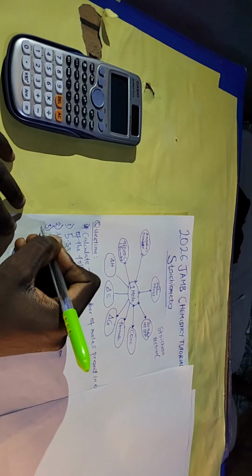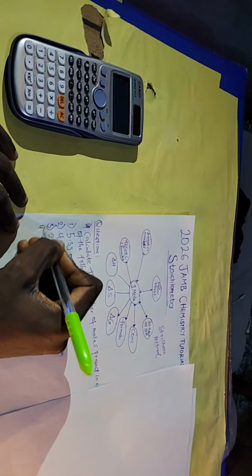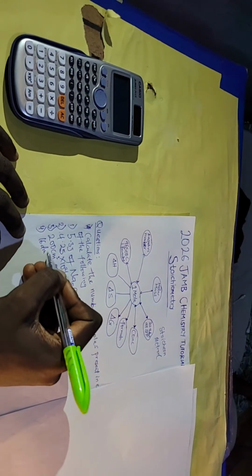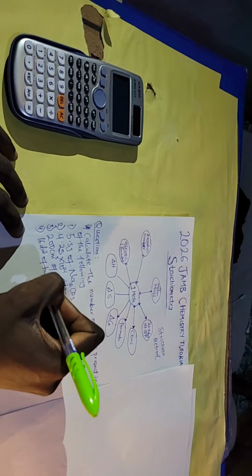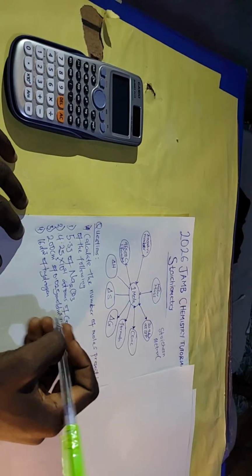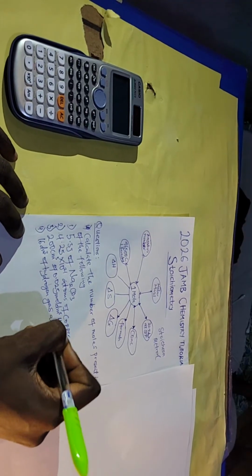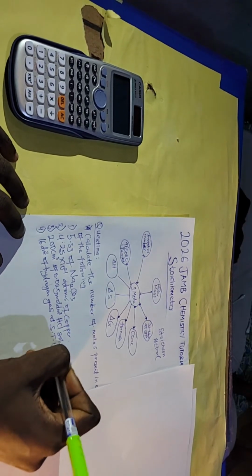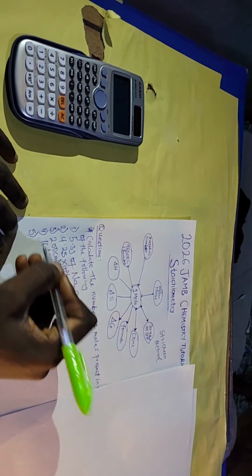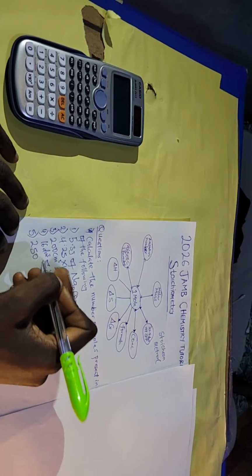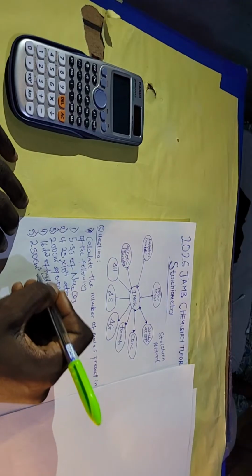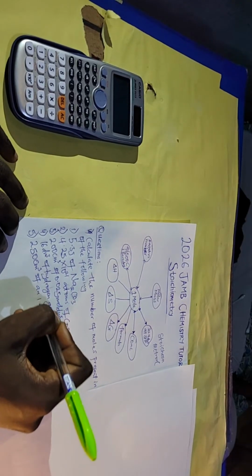The fourth one says 16 dm cube of hydrogen gas at STP. And the fifth one is 250 cm cube of an ideal gas.